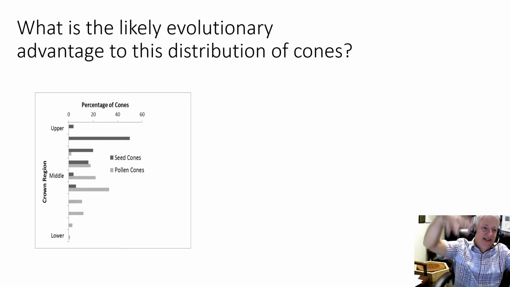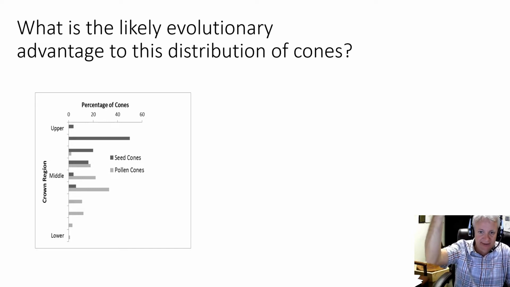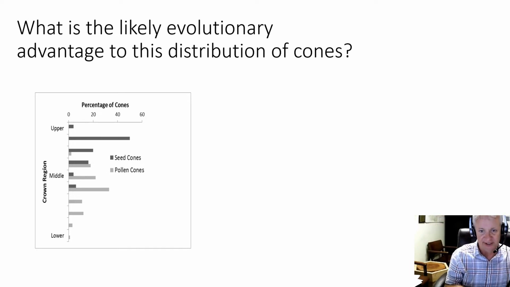So by distributing the ovulate strobili, or the female reproductive structures, higher in the crown, that reduces pollen falling onto the female reproductive structure, and reduces inbreeding or selfing, which is problematic in most forest trees.